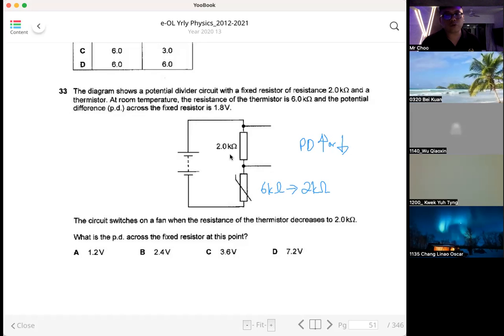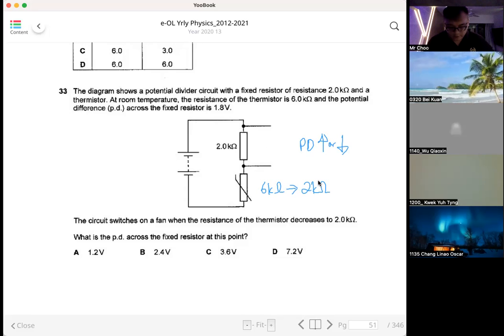So with 6 and 2, the PD here should be high or low compared to 2 and 2? So the PD should increase or decrease. When it's 2 and 6, it is 1/4. The PD is 1/4 of this value here. When it is 2 and 2, it becomes half of this value here.